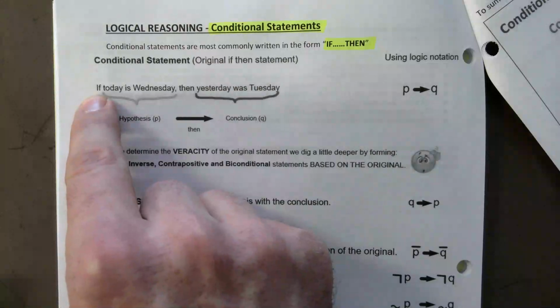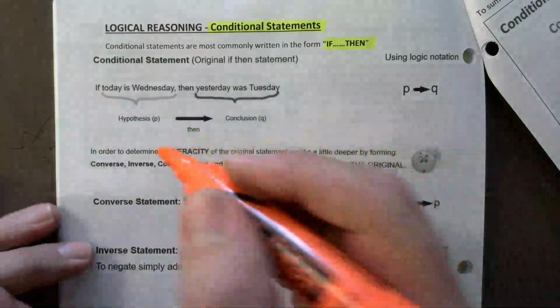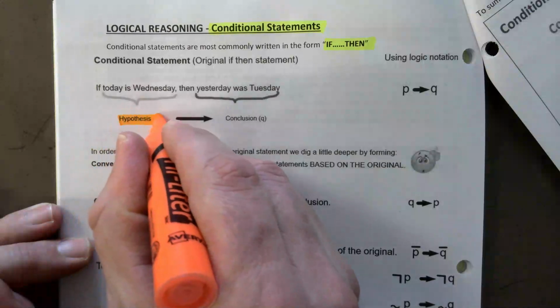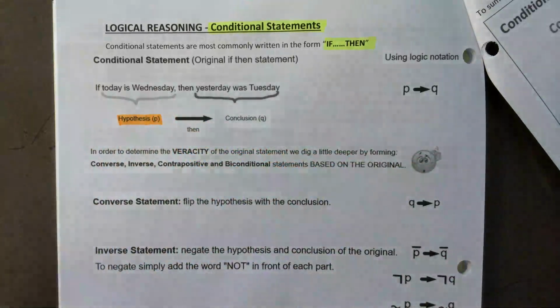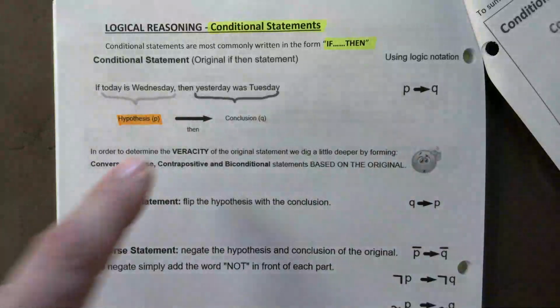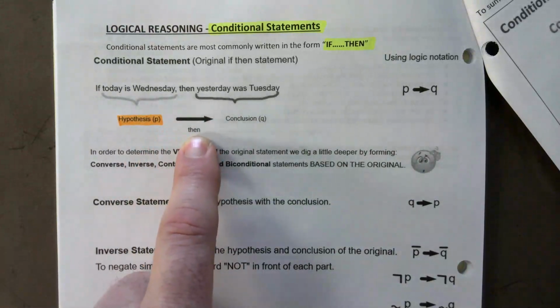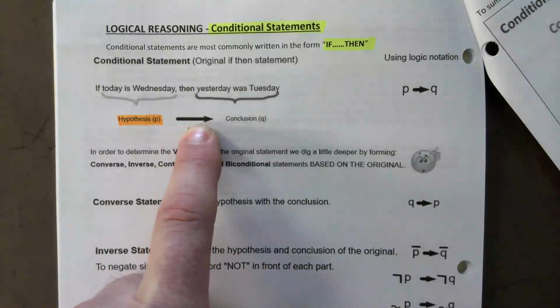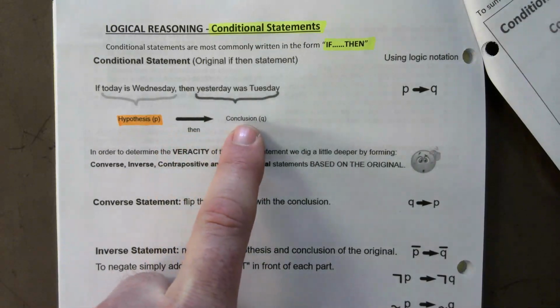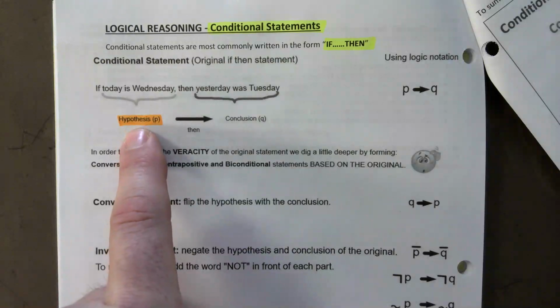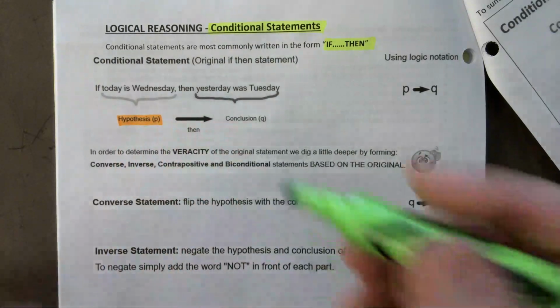So we break this down. Whatever follows the if is what we call the hypothesis with the letter P, right? And then is denoted with an arrow, okay? So there's a hypothesis, and if whatever happens to it, there's a conclusion that follows.